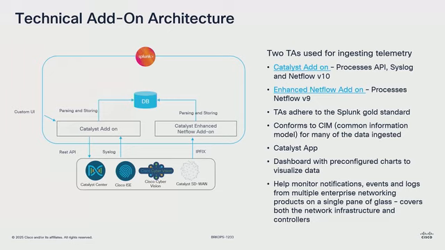The Catalyst Enhanced NetFlow add-on obviously receives NetFlow data, but if you're doing things like high-speed logging in SD-WAN, that comes through as NetFlow as well. So those two components work together. It ends up in Splunk, and then there's a separate application to visualize that data.